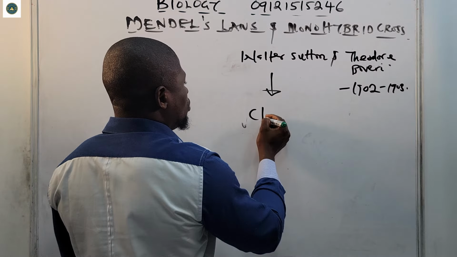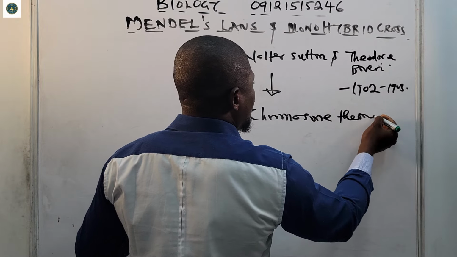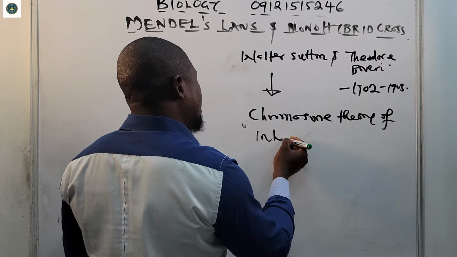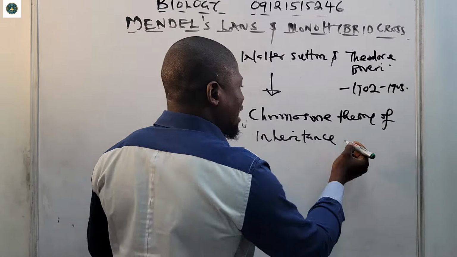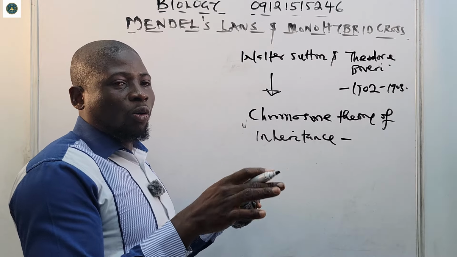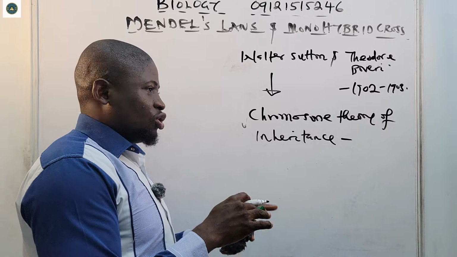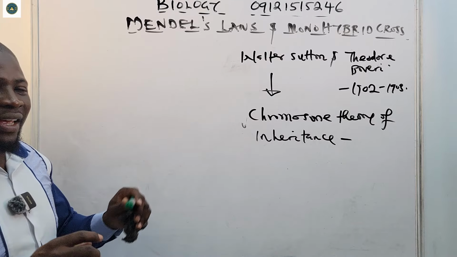The chromosome theory of inheritance. So they said that genes are located on chromosomes, that we find genes on chromosomes.